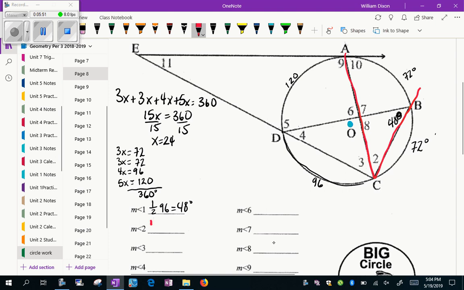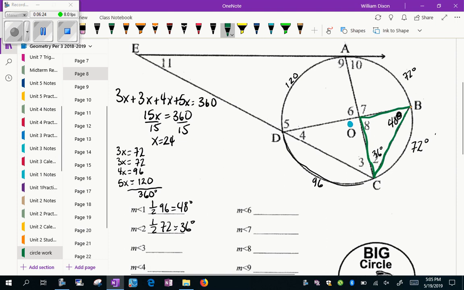So 1/2 of 72 is 36 degrees. Let's change colors here, it's a little too thick. So that's going to be 36 degrees. Now, something that's cool is that I know I have a triangle that's formed, and this is where it all comes down to the puzzle part.